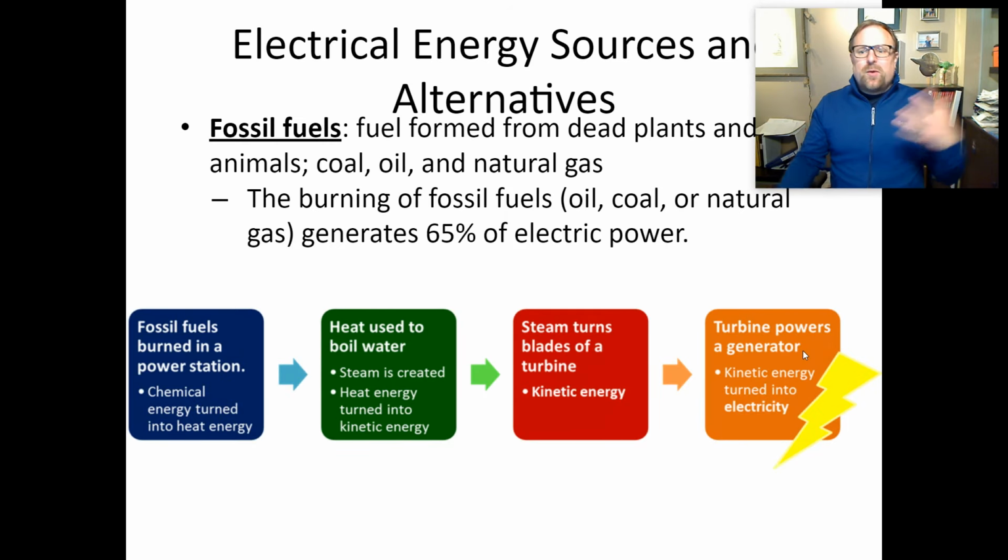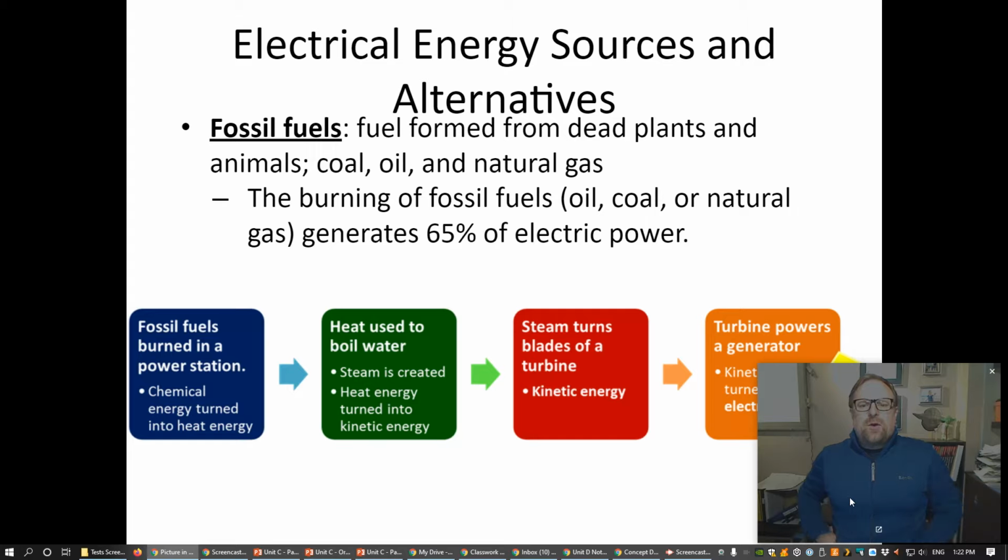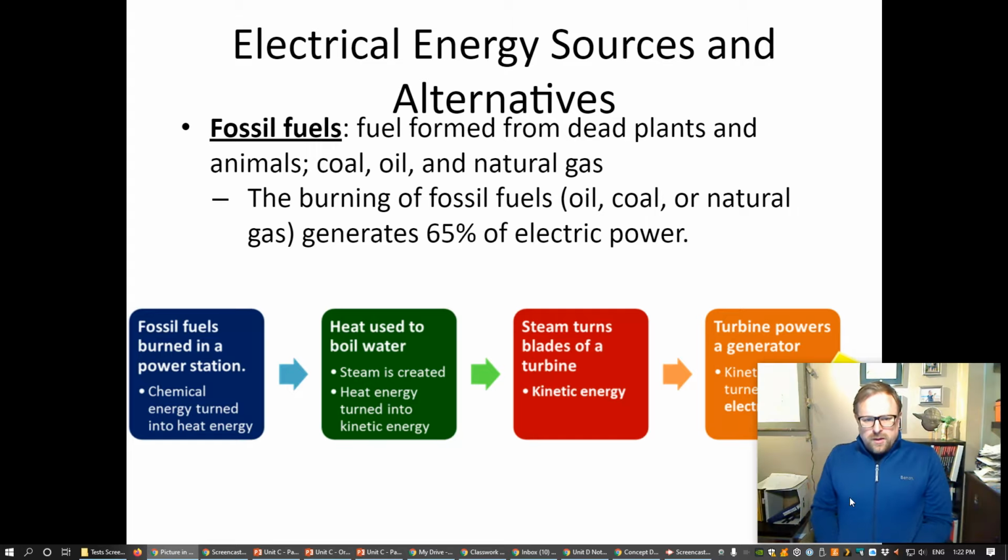So this is basically, where do we get our electrical energy from, and what are some alternatives to where we get it from. The burning of fossil fuels is where, especially here in Alberta, we get the majority of our electrical energy.